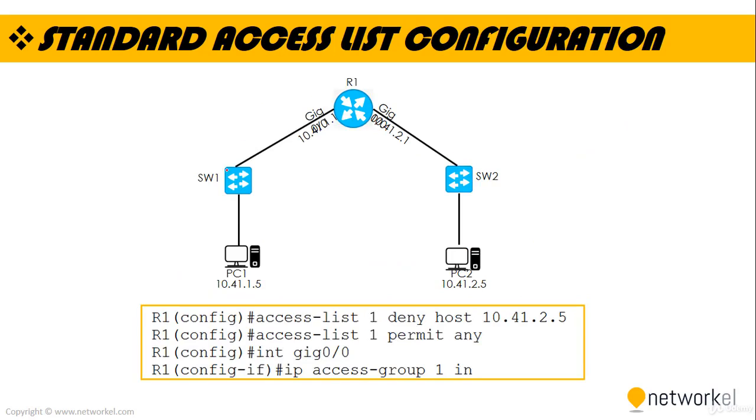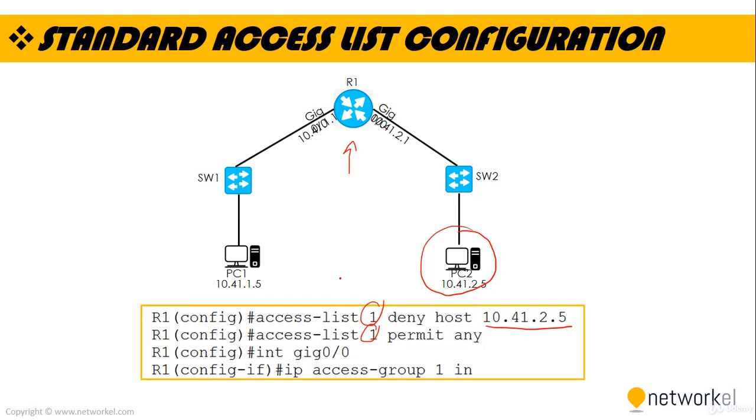Let's take a look at another configuration example on a topology now. On router 1, we are defining a standard access list, and we are denying the host 2.5. Okay, this guy will be denied. And we are permitting any other traffic.